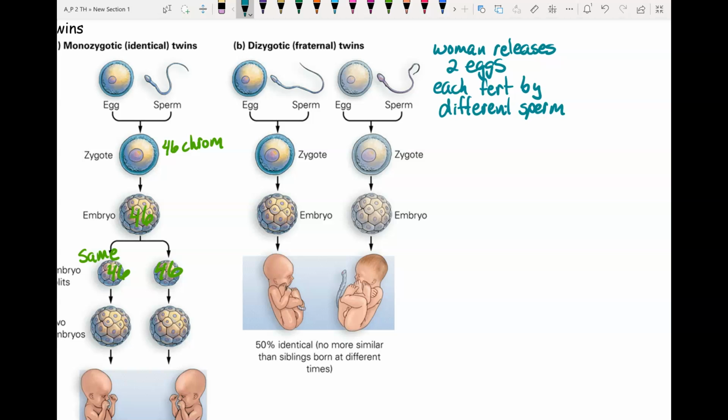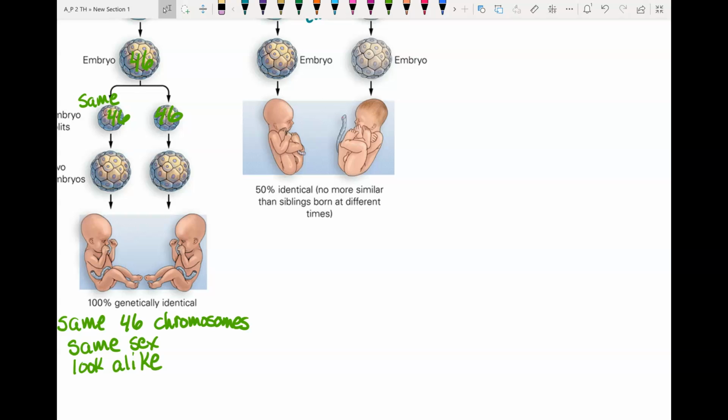And so in this case, each zygote has a different 46 chromosomes. And so you get two babies born that are just like any other two siblings. They can be the same or different sex. And genetically, they don't have any more in common than siblings who were born several years apart. They just happen to be born at the same time.